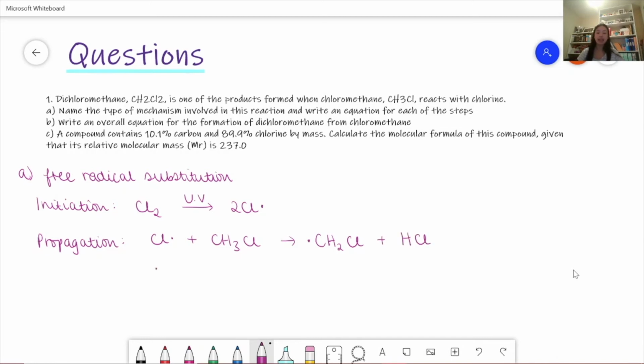And then in the second step, we have the new free radical that we've formed, and that will react with more chlorine to form this dichloromethane that we were after, and also a chlorine free radical.